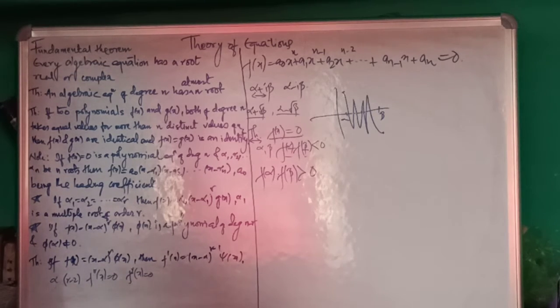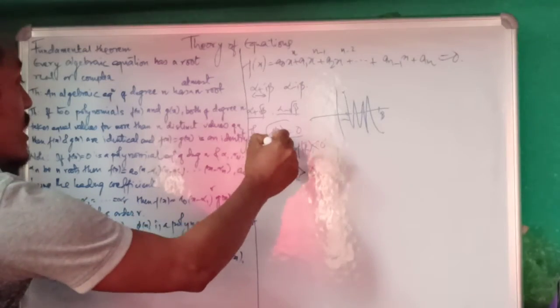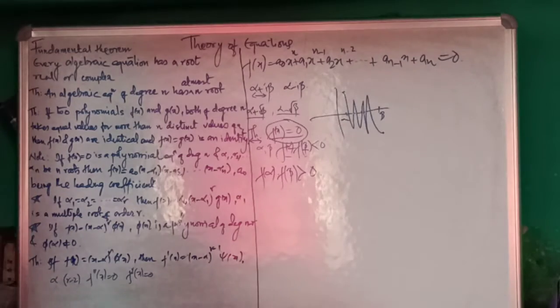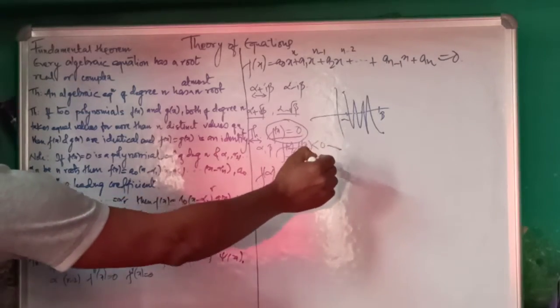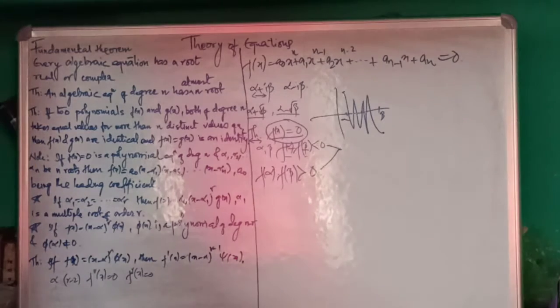Then f of x equals 0 has no real root, and conversely also it is true. Now this is just a corollary. Now there is one general theorem combining this and this. That one is important.